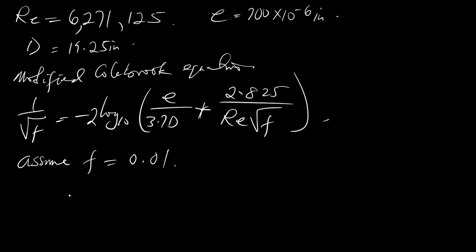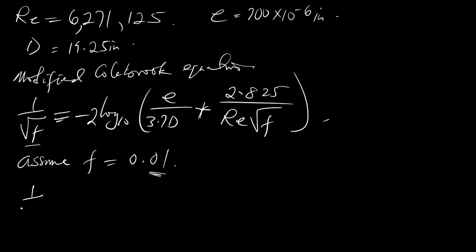We substitute this value into the expression on the right hand side, and use the result to calculate the value on the left hand side. Since this is an implicit function, we're going to use an iteration method to solve for f.